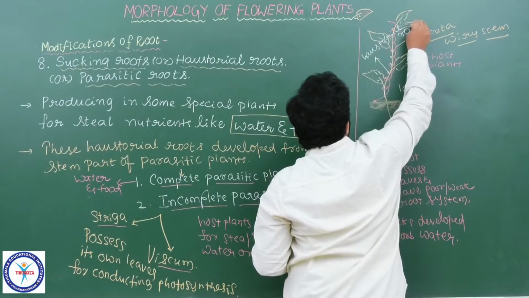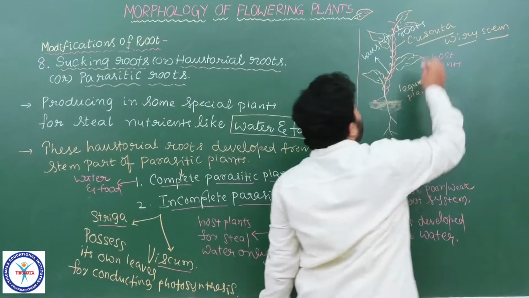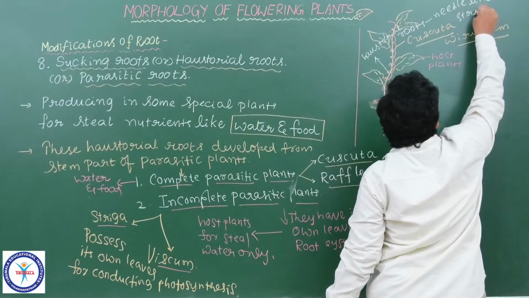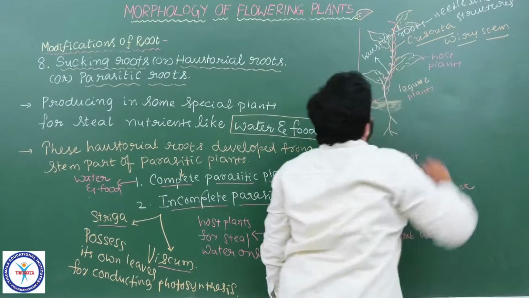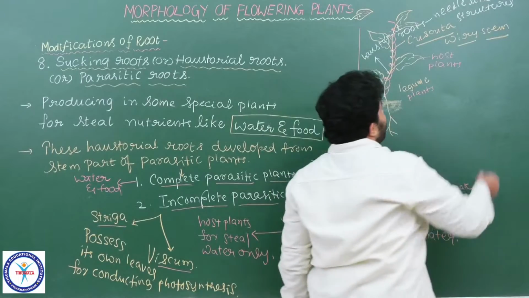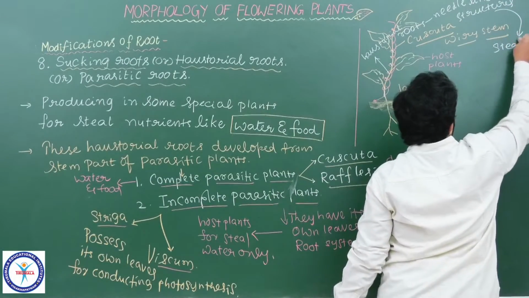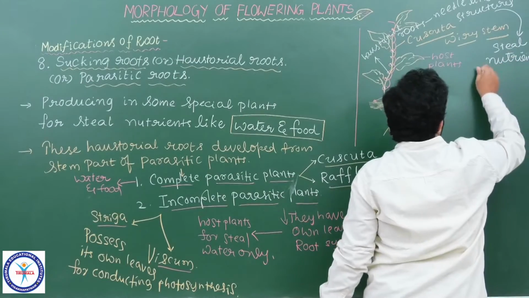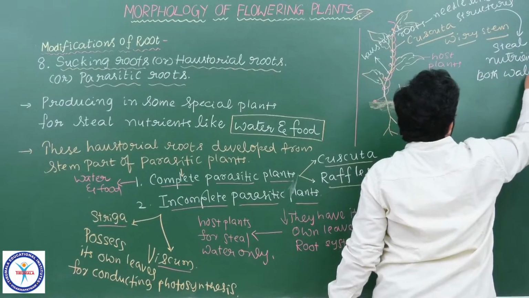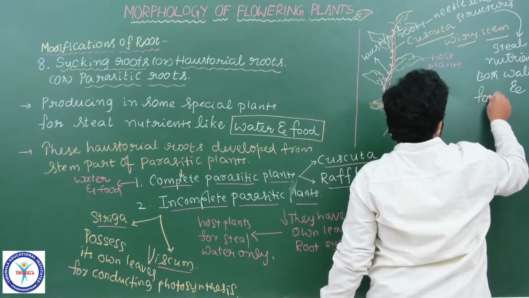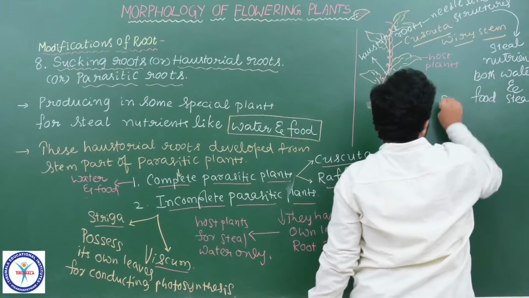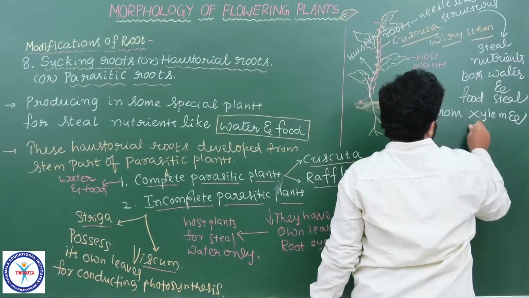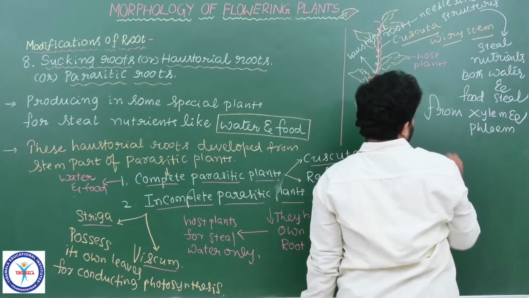They are the needle-like structures through which they penetrate into both xylem and phloem and steal nutrients, both water and food, from xylem and phloem respectively.